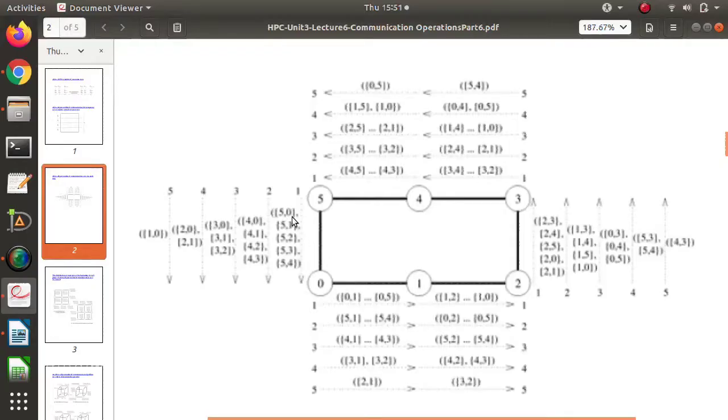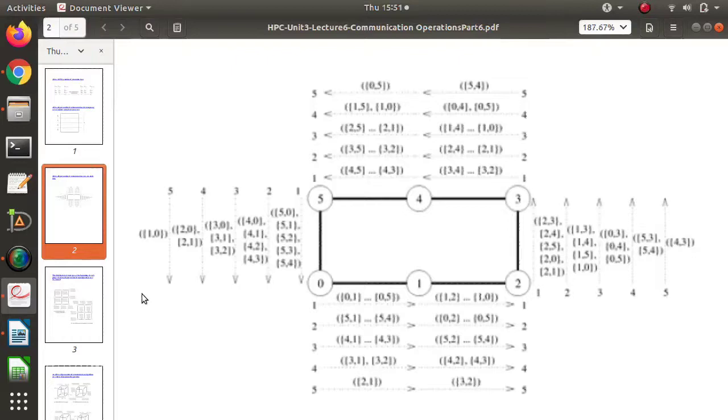Clearly you can identify: here there are 5 messages, here there are 4 messages, here there are 3, here there are 2, here is only one message. So in each step, the messages communicated are decreasing. Every step one message is getting decreased: 5 messages, 4, 3, 2, 1.